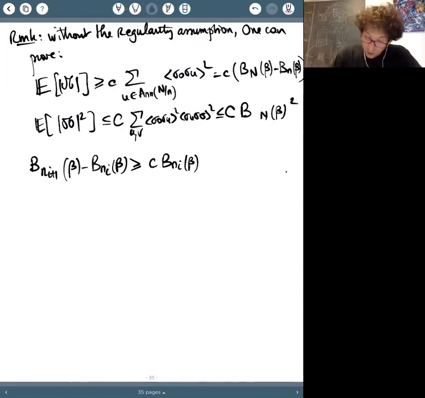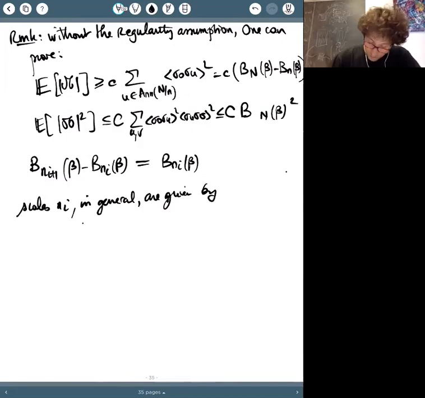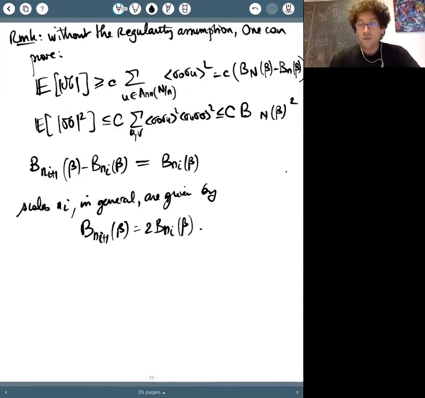So it's exactly what we are going to do in general. In fact, we are going to put an equality here. So the scales n_i in general are given by b_{n_{i+1}}(β) equal twice b_{n_i}(β). If you do like that, how many scales can you put between 0 and L?